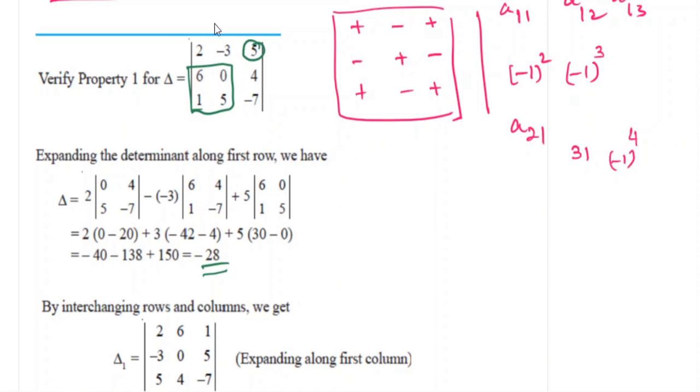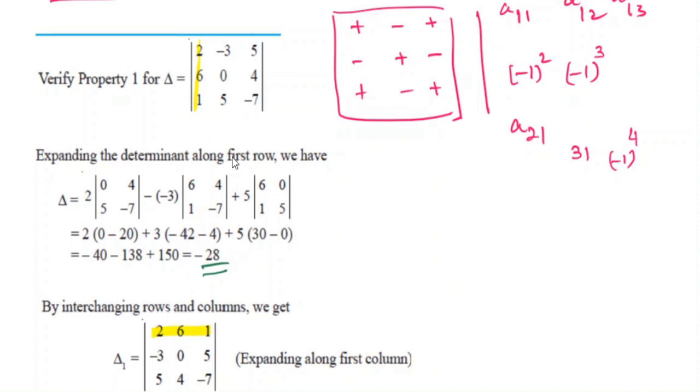Now let us interchange the rows and columns. See, the first row has been changed. Now listen, let me identify by highlight. This is the first column. Now the first column has been changed as a row here. Is it not? So rows and columns are interchanged.